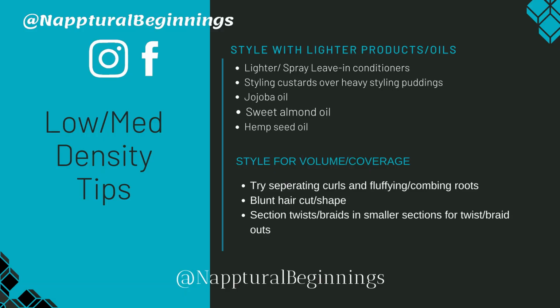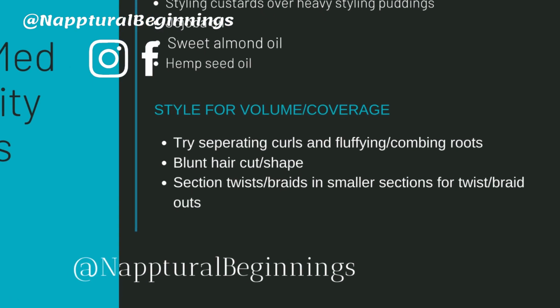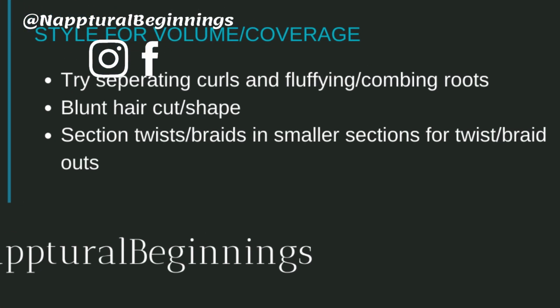For styling and actually manipulating your hair into a style you want to last for a while, you want it to appear full, you want to style for volume or more coverage of your scalp. And so a few tips to help you with that are to try separating your curls and fluffing and combing the roots.